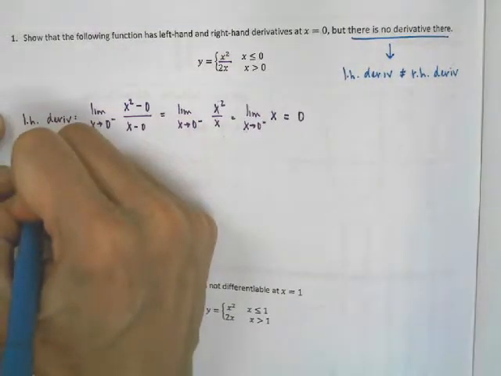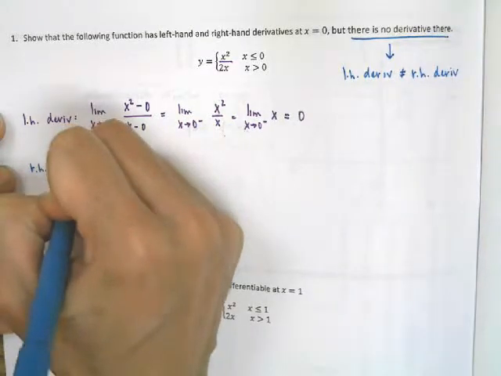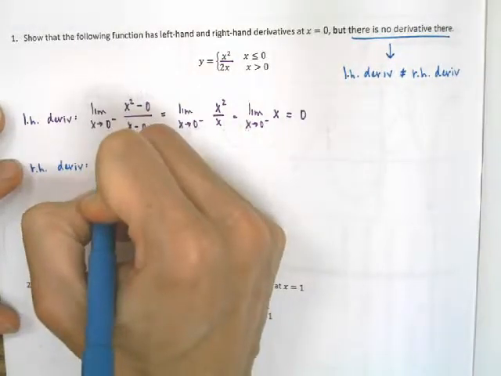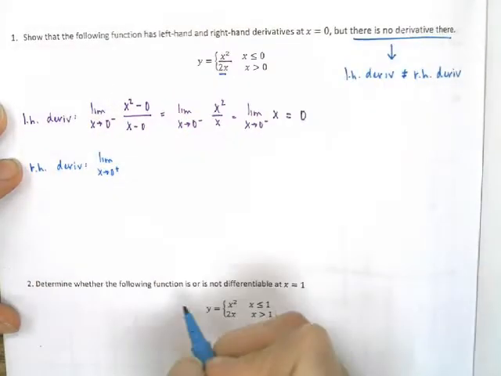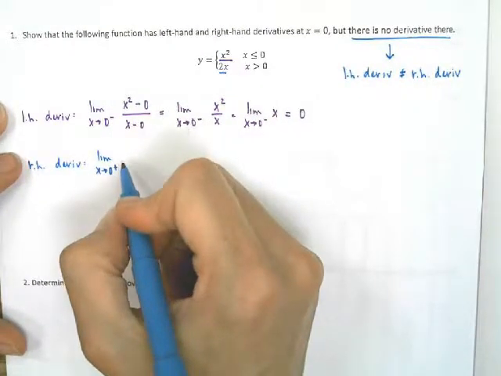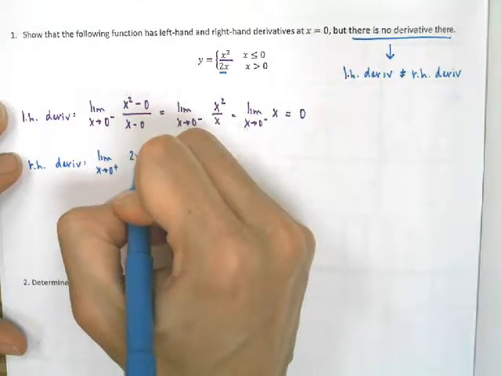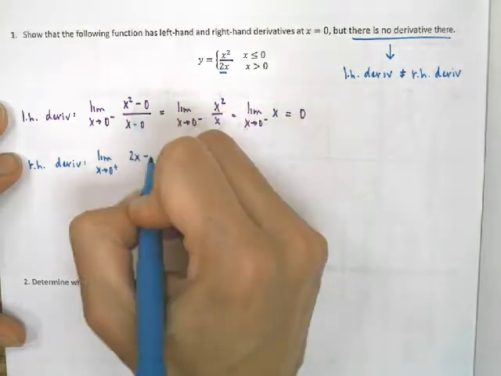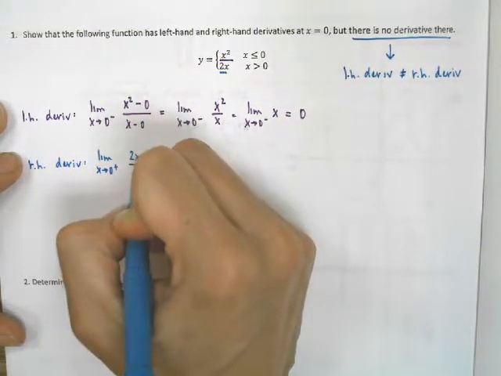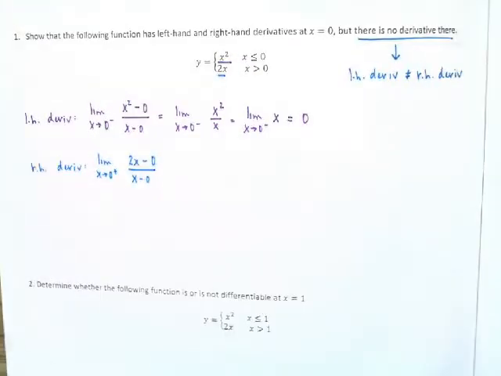Now let's look at the right-hand derivative. I have the limit as x approaches 0 from the right now, which is obviously this function. So I have f of x, which is 2x, minus f of 0, well 2 times 0 is 0, over x minus 0.